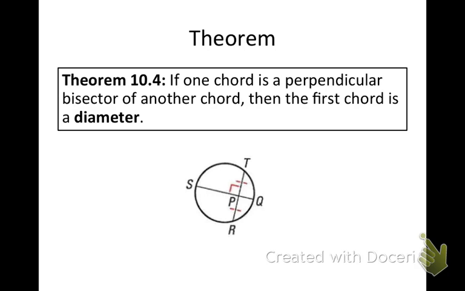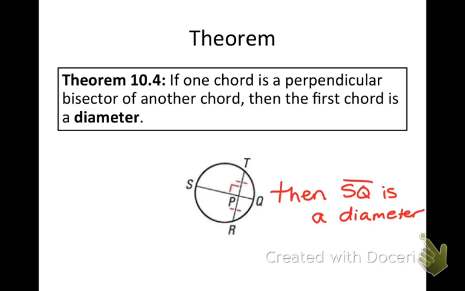Wait, what? So we've got our circle and two chords, SQ and TR. If SQ is perpendicular, meaning a right angle, and a bisector, splitting it in half, then SQ is a diameter.